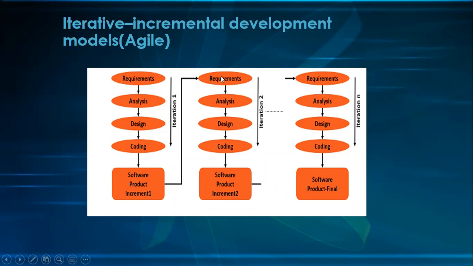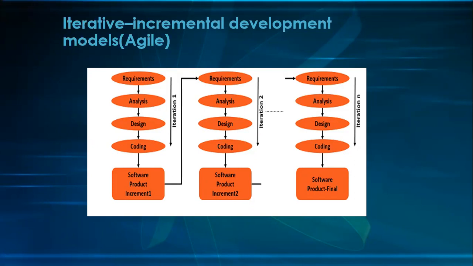We go again to the second iteration: requirements, analysis, design, coding, testing, everything is done. Then the software product increments to 2. So when it increases to 2, that's iteration 2. So go again: requirement, analysis, design, coding. Then the software product increases to 3, until you get to the final product.